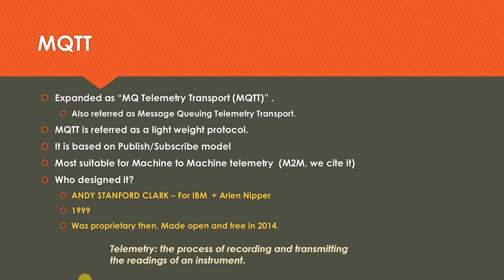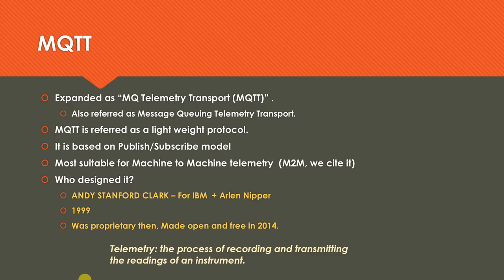So MQTT is a protocol which helps me in this complete process of the IoT stack, where I get the data from the sensors, upload it into the cloud, and then transmit it wherever needed. It is a lightweight protocol, very comfortable for applications which do not have many resources available, and that's the reason we call it lightweight.